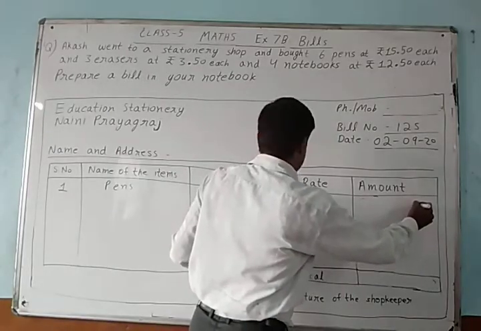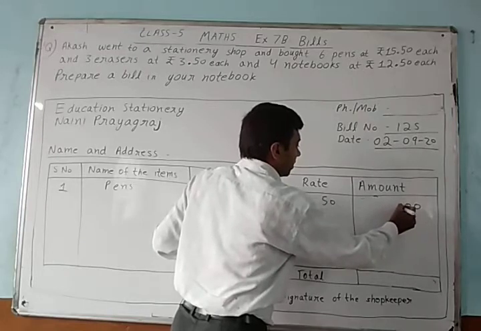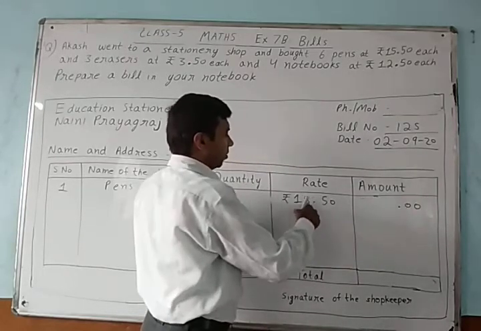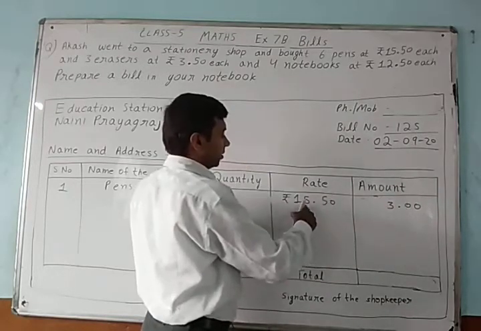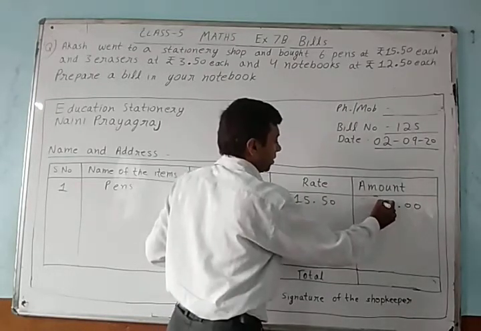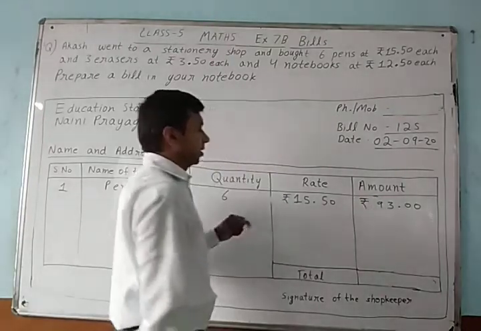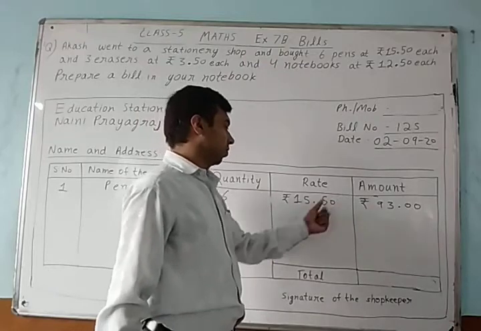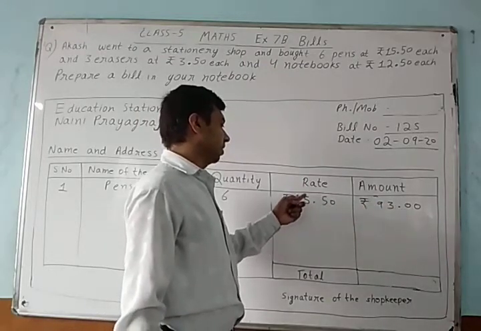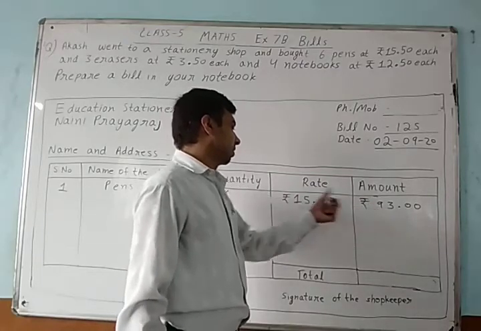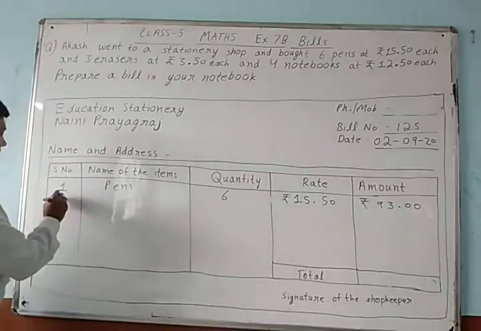See here: 6 times 0 is 0, 6 times 5 is 30, write 0, 3 carry. 6 times 5 is 30, plus 3 is 33, 3 carry. 6 times 1 is 6, plus 3 is 9. Rupees 93.